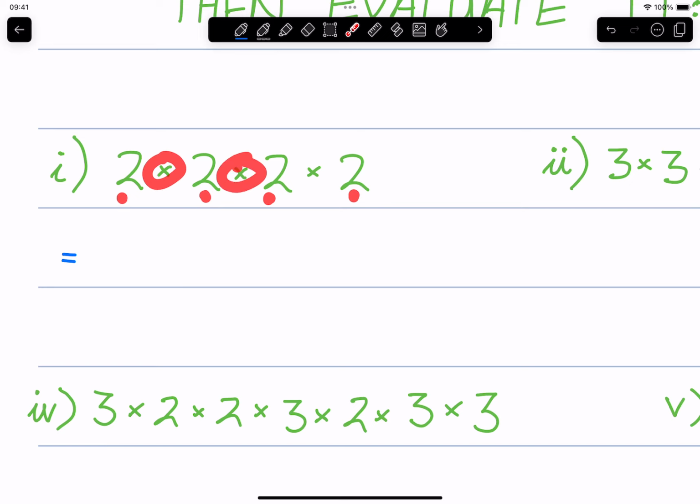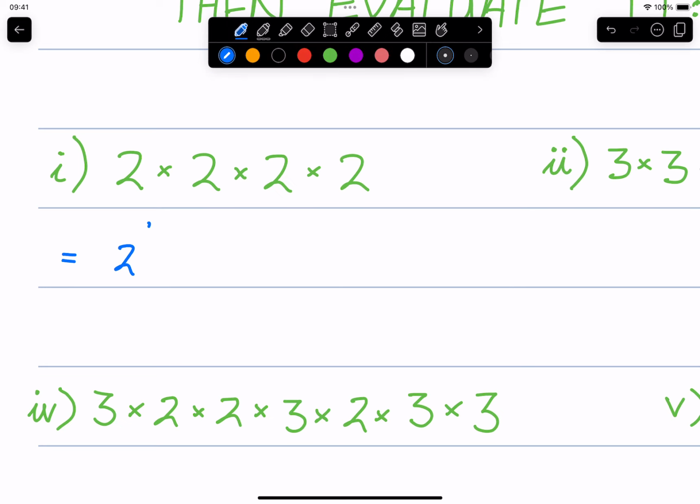So the base, the big number, is 2. And how many times is it being multiplied? There are 4 multiplications. So this is going to be 2 to the power of 4.